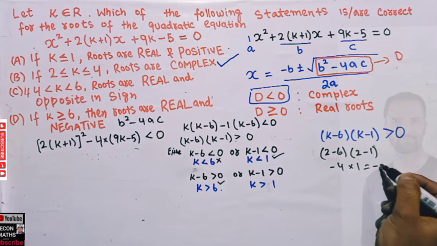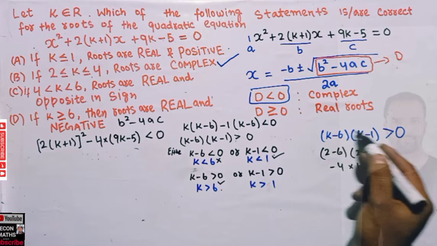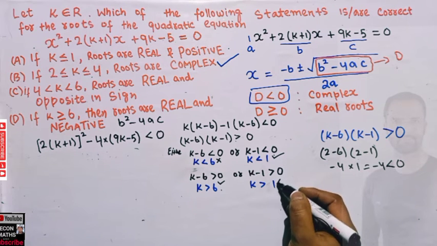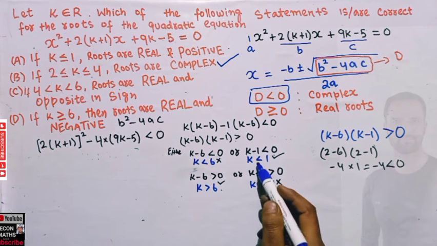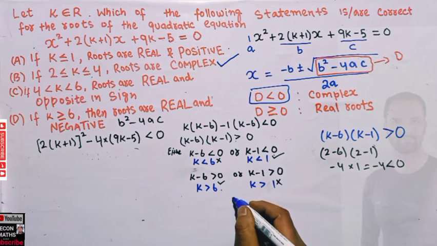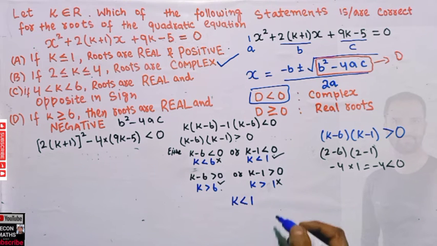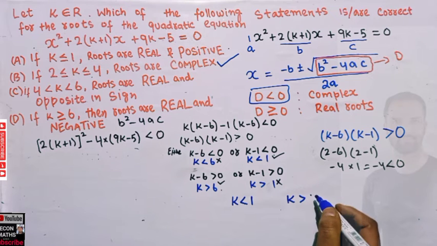So we are getting minus 4, which is less than 0, and it does not satisfy our inequality. So this cannot be our subject of interest. So there are two things: k should be less than 1, or k should be greater than 6.